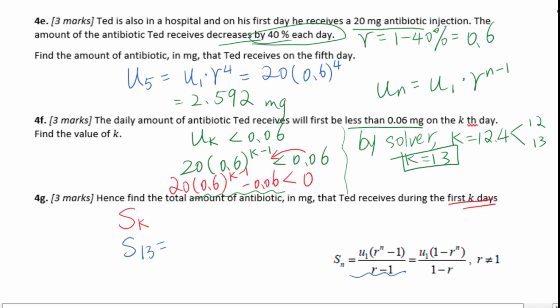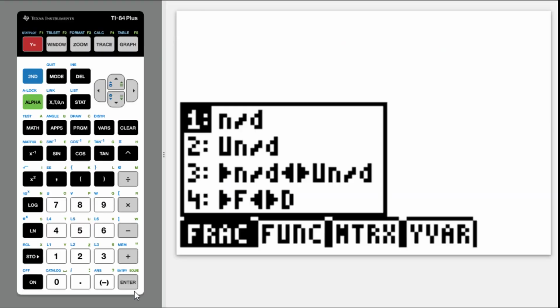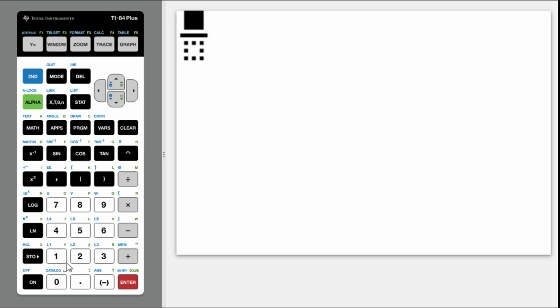Using this formula, 20 times 0.6 to the 13th power minus 1, over 0.6 minus 1.